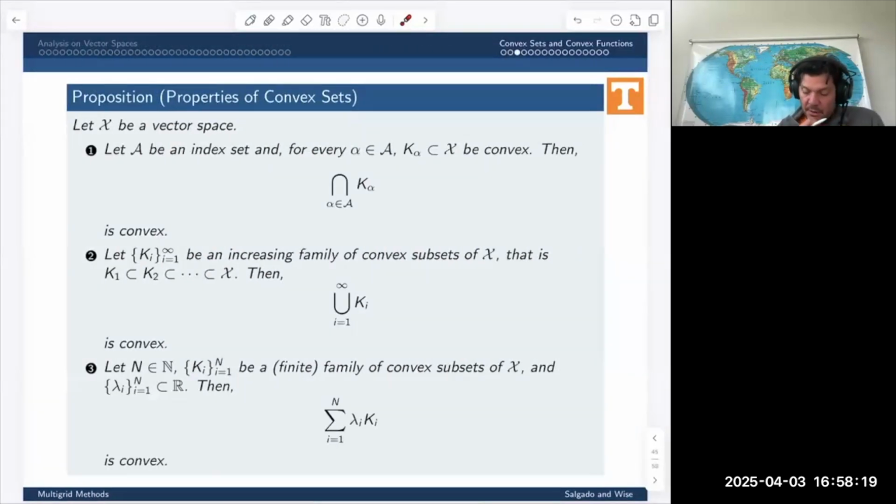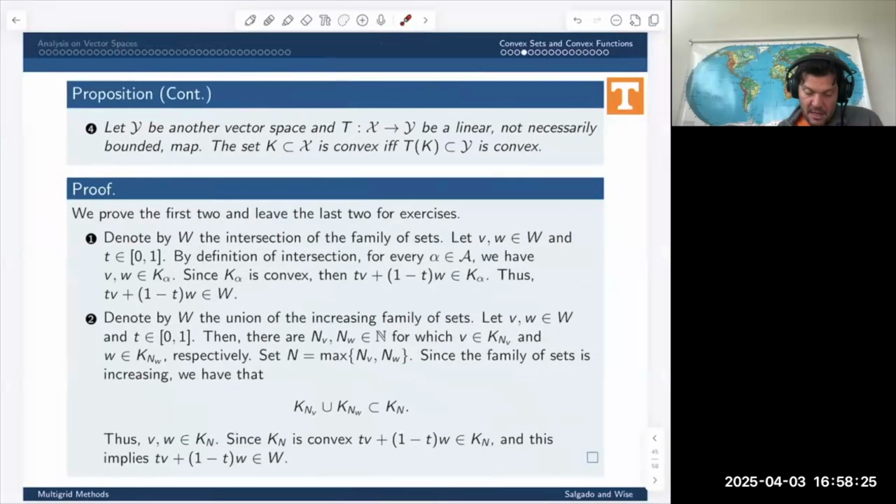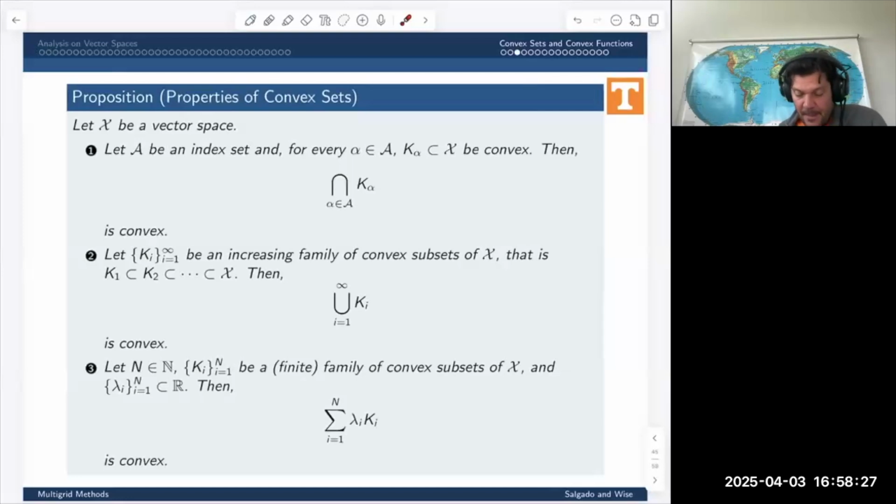All right. So here's a proposition. We're going to prove the first two, as I recall, and leave the latter two as exercises. So let X be a vector space and let A be an index set.